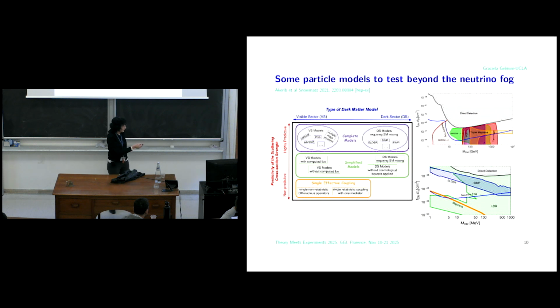In some of these models, you make sure that your dark matter has the right relic abundance. As you know, most of the dark matter particles are produced, their density and momentum spectrum, before BBN.